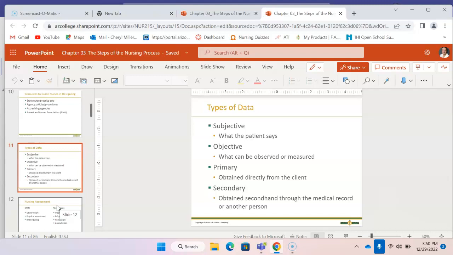Pain is what the patient says it is. It's the biggest problem that we have in nursing. You cannot say a patient's not in pain. Pain is what they say it is. If the patient tells you, I'm not in pain, you can chart patient states not in pain.